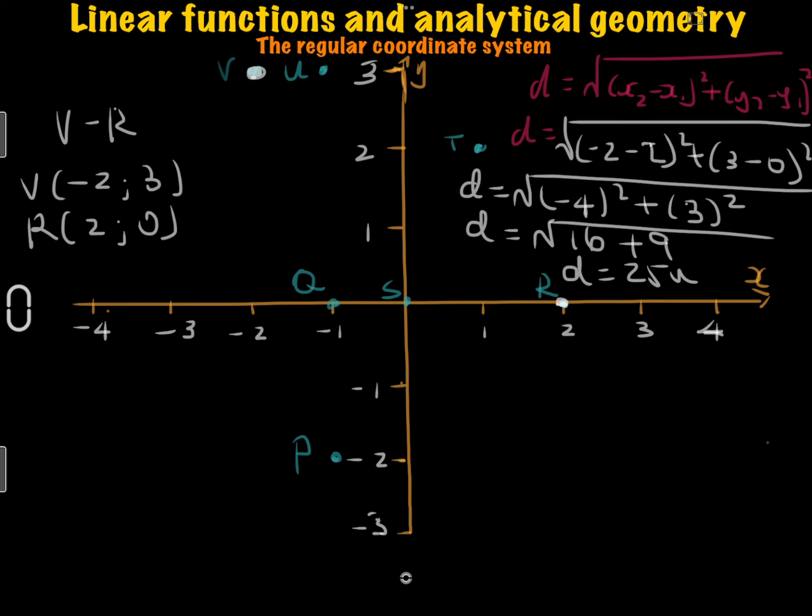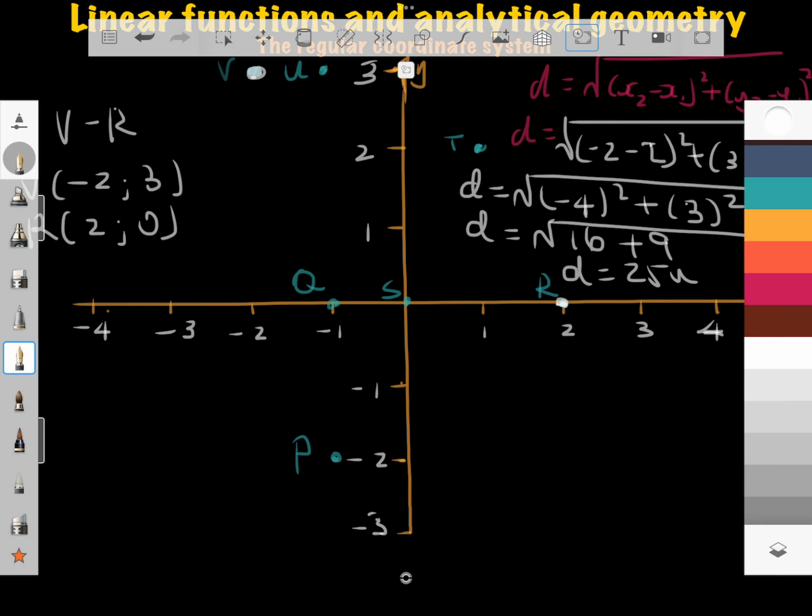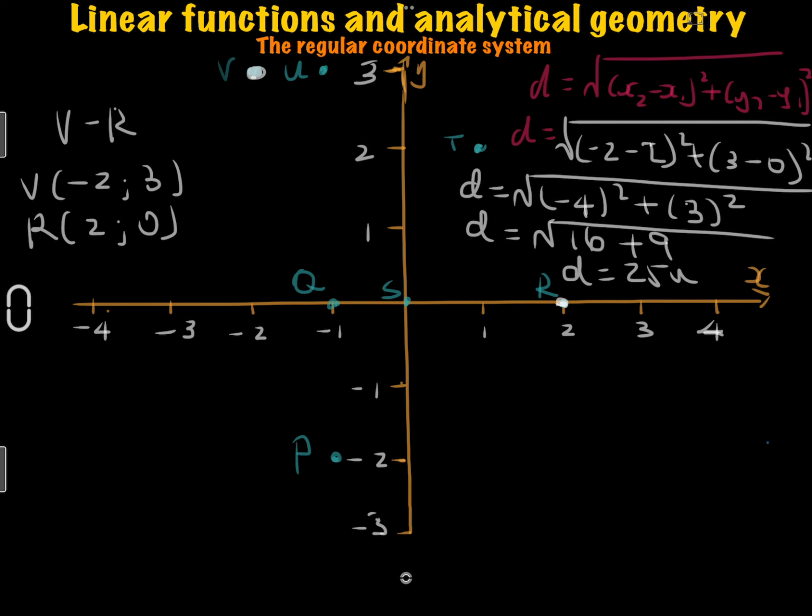So in other words, the distance from V to R, this distance here, is 25 units. Okay, that's what it means essentially.